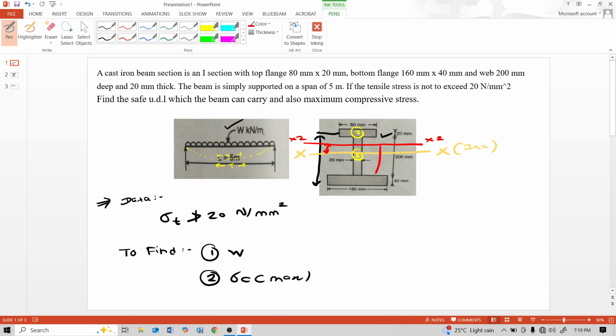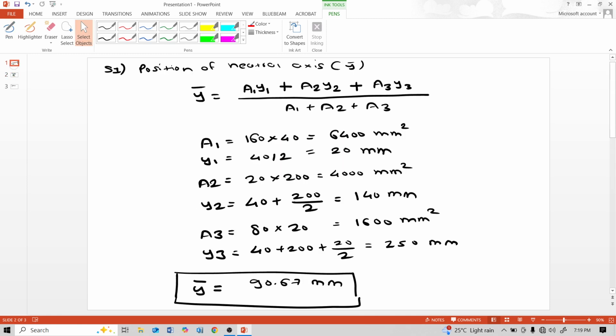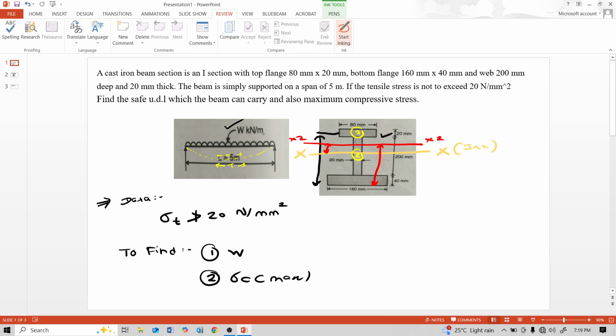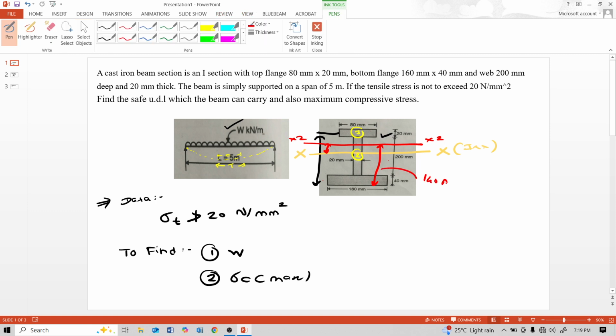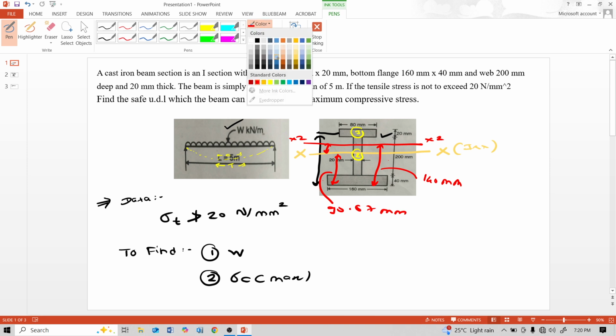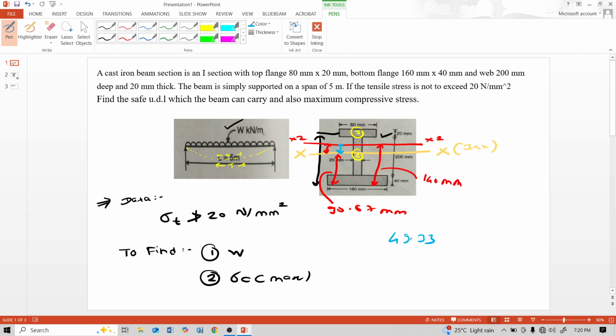The distance of this x2 from the bottom fiber is 140 mm, and the x distance is 90.67 mm from the bottom fiber. That means 140 minus 90.67 is the distance between both axes. This distance is 140 minus 90.67, which is 49.33. 49.33 is the distance between both axes.